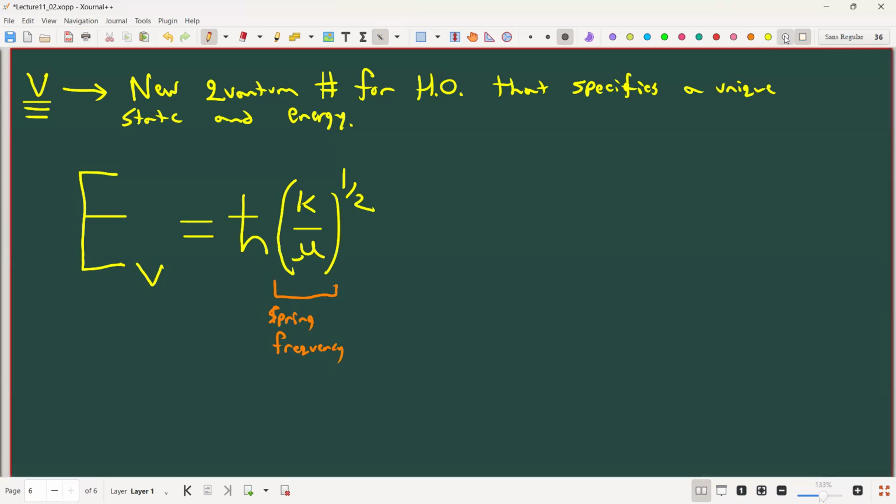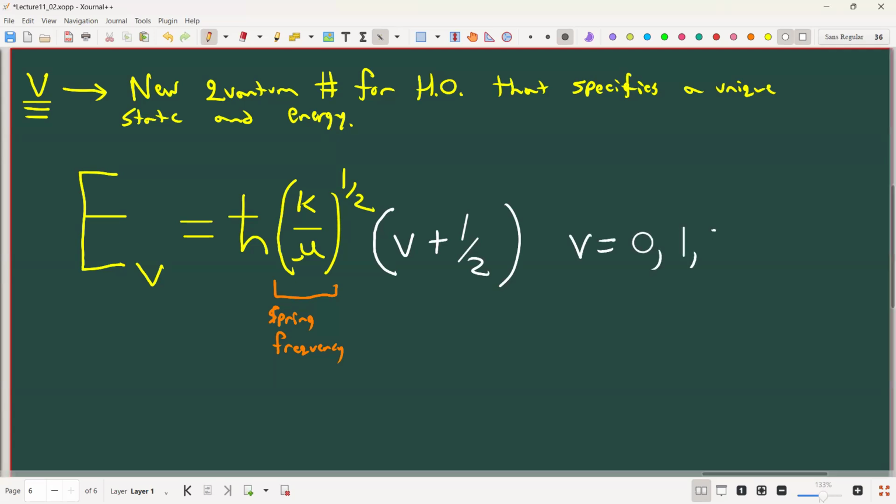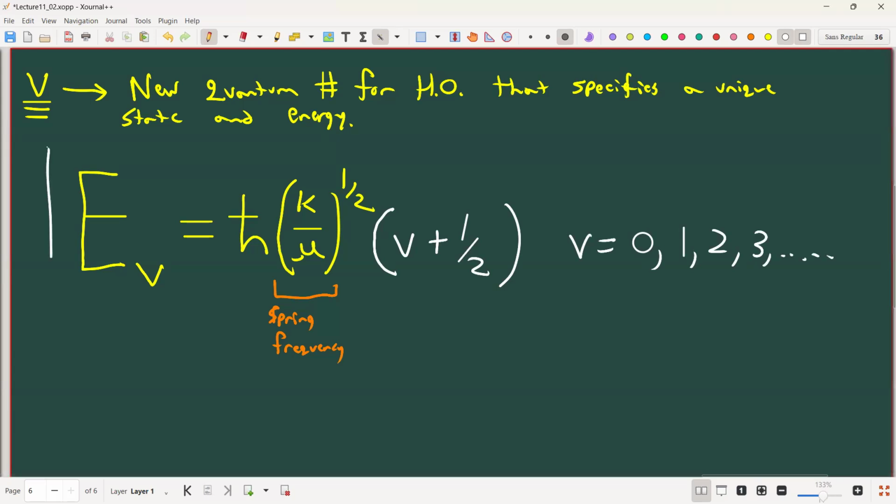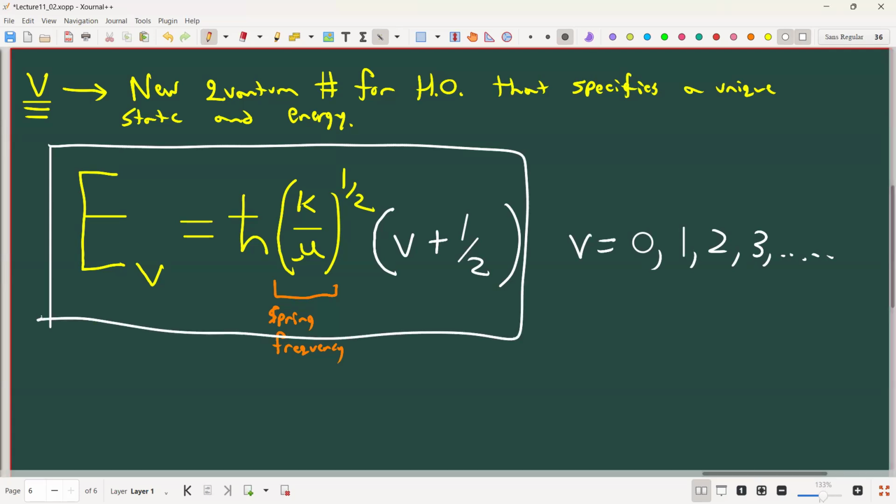This is multiplied by V plus 1/2, and V can be any positive number, including 0. So these are the energy levels of our harmonic oscillator.